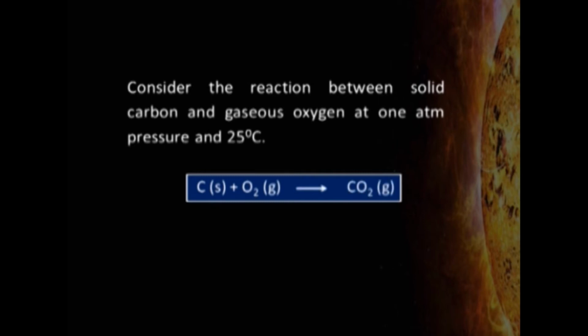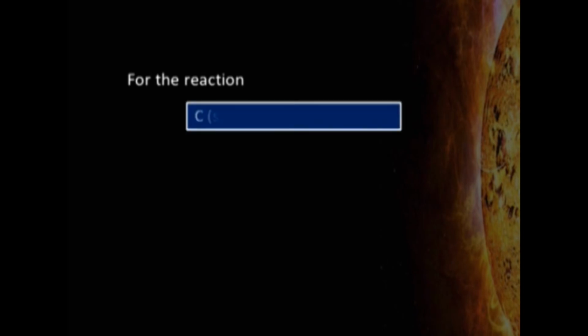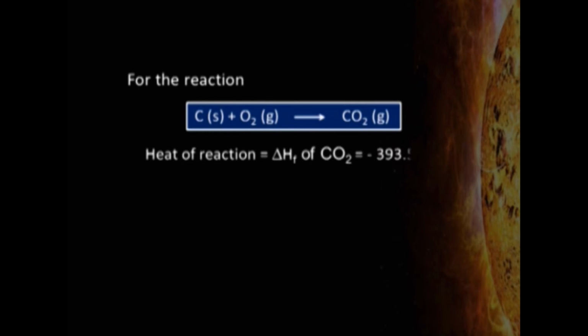Here, the heat of reaction or heat of formation of carbon dioxide is equal to minus 393.5 kilojoules. For this reaction, the heat of reaction will also be equal to the heat of formation of carbon dioxide, which is equal to minus 393.5 kilojoules.